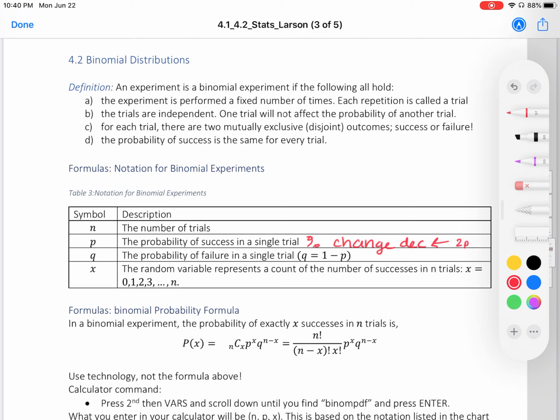And n, I think of n as your total number given, your whole group. Your q is 1 minus your p. So this would be like the complement. And x is the number you're being asked to work with, right? It's going to be a whole number. So 1, or starting with 0, up to whatever number your n is.